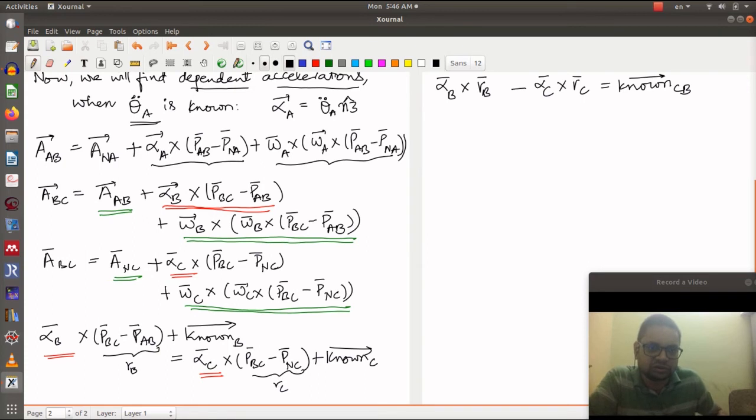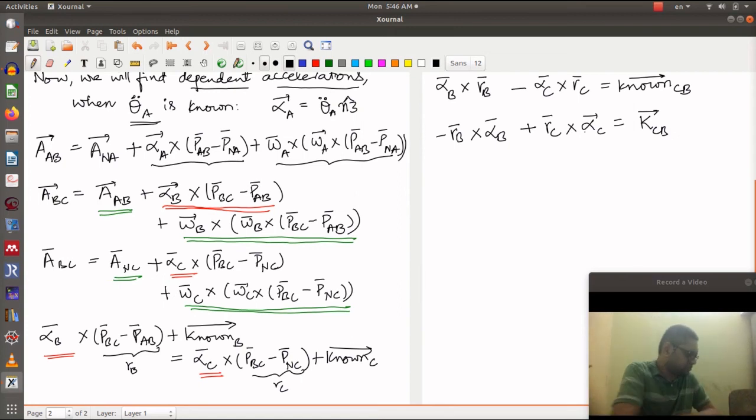This is fully known. Okay, now let us write this as minus RB cross alpha B plus RC cross alpha C, equal to known CB. Okay, now let us write this in the skew symmetric matrix form.